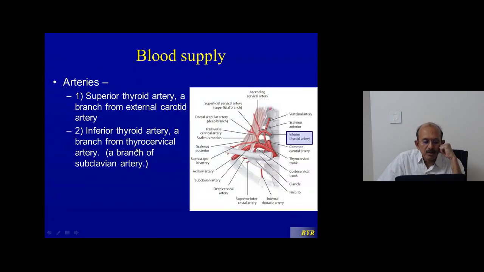Okay, how to secure the artery to the parathyroid gland while doing surgery? This is the question posed by one of the postgraduate students, and the answer is not required for the undergraduate students. That is why now I won't tell it. After completion of this class, I will take 5 minutes to show you a video on how to protect this artery to the parathyroid gland while doing surgery.